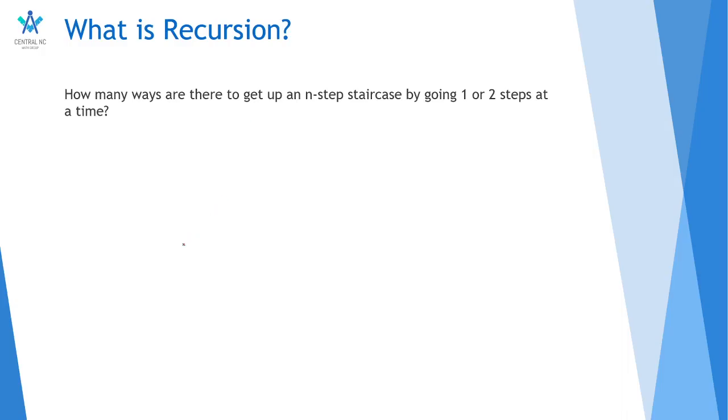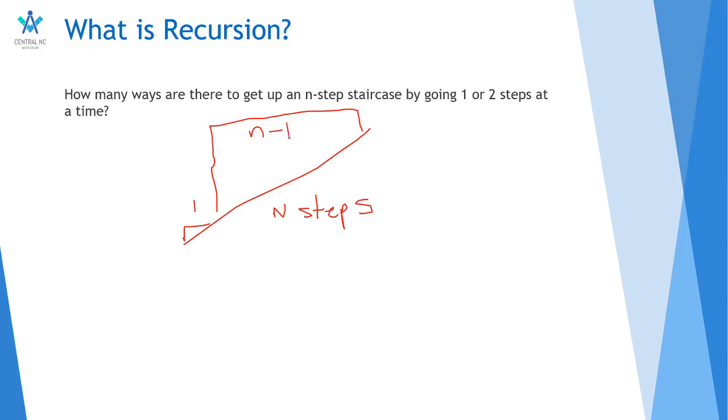So let's consider an n-step staircase. N steps. And let's consider if we take 1 step. If we take 1 step, this 1 step right here, we have n minus 1 steps remaining. And so it's interesting there because, well, let's define S of n as the number of ways to get up an n-step staircase.